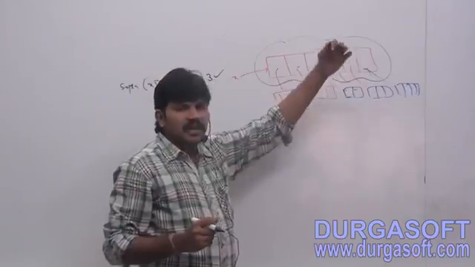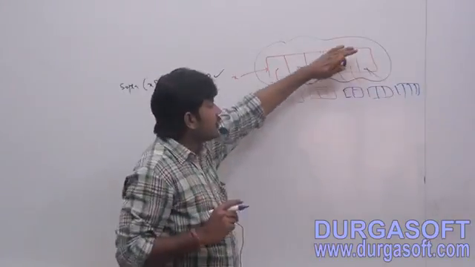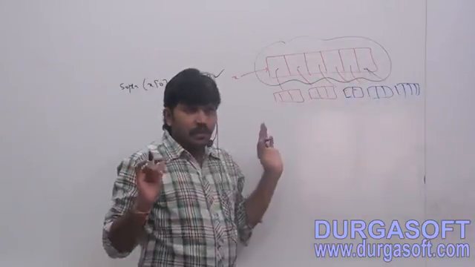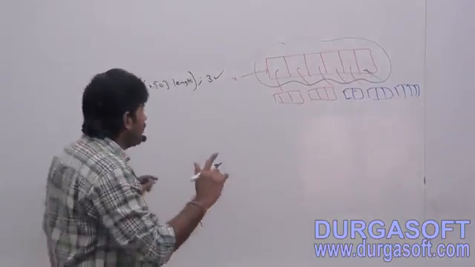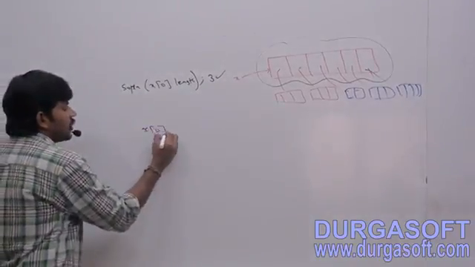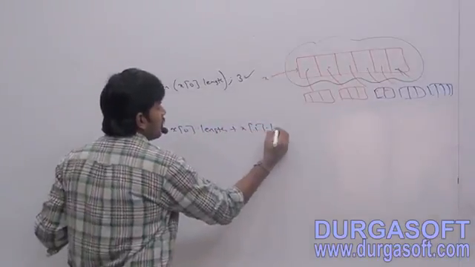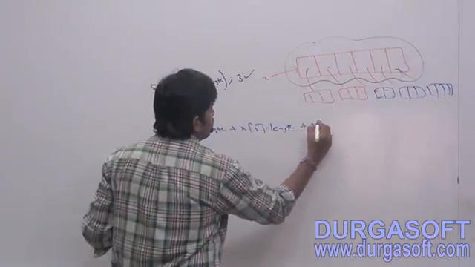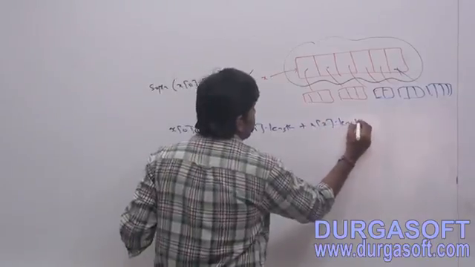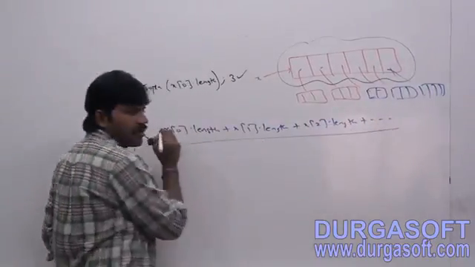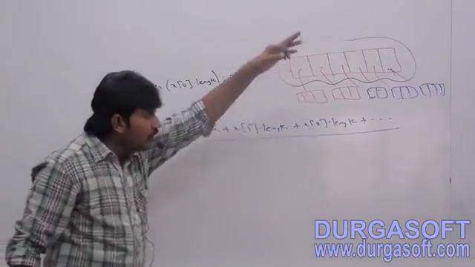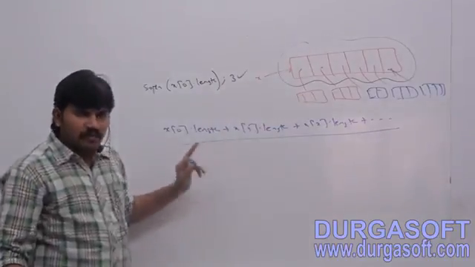So there is no direct way to specify the size of a multi-dimensional array. Indirectly we can find it, and the way is very simple: x of 0 dot length plus x of 1 dot length plus x of 2 dot length plus and so on. If you count all of them, then automatically you will get the total size.